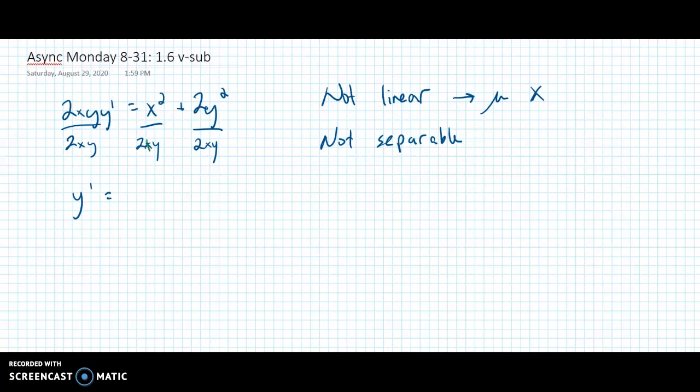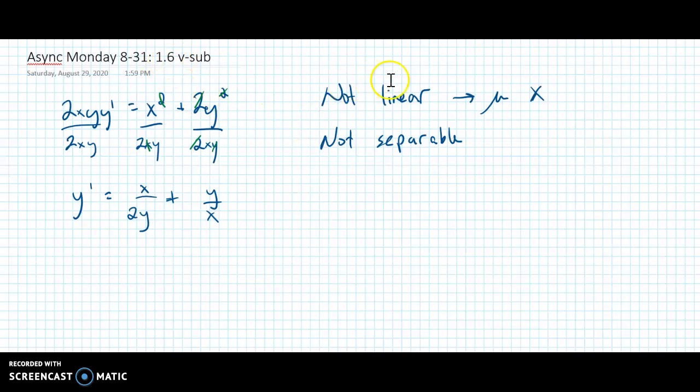The 2's cancel, and this y cancels with one of those. So what I'm left with is x over 2y plus y over x. So what do you see? I see a y over x and an x over y.